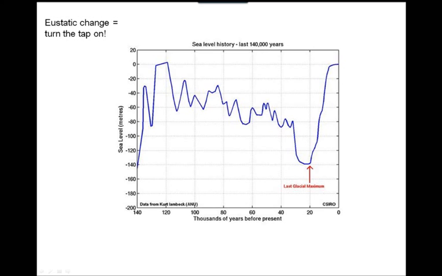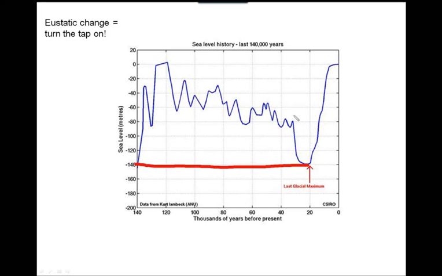Here's a chart showing eustatic changes or volume of sea level history over the last 140,000 years, and it shows quite clearly that previous to about 20,000 years ago, sea levels were something like 140 meters lower than they are at the moment.